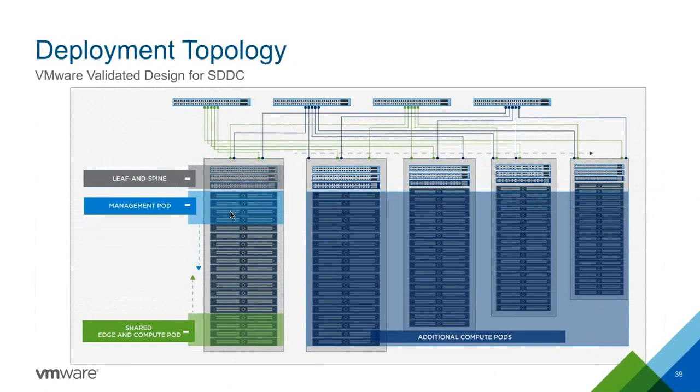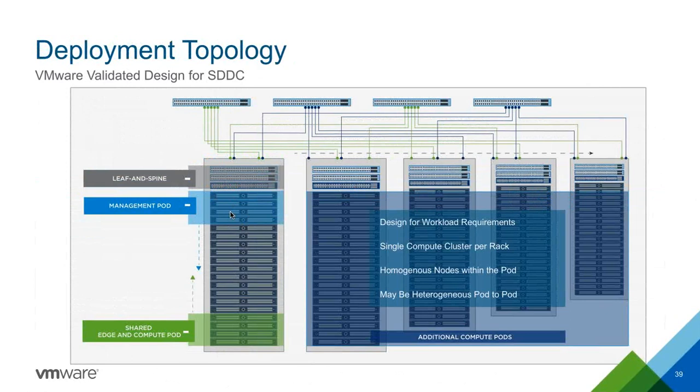You probably will go beyond that first initial rack and need to add additional compute pods. Today in the design, we make sure for those additional compute pods you design for your workload requirements. We do, in the 3.0 release, require a single compute cluster per rack. So if you define the cluster in that first additional compute pod, you would want the cluster to simply be within that rack.